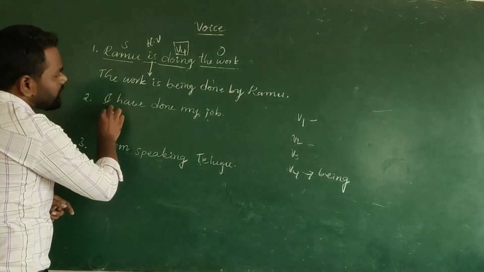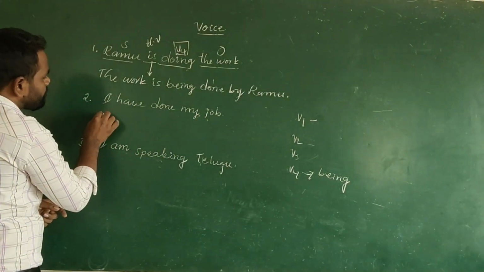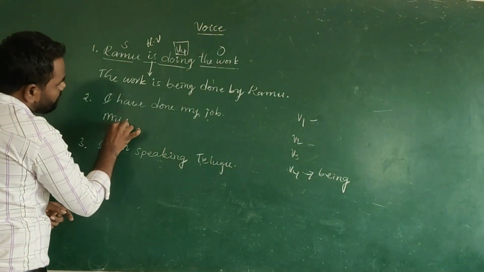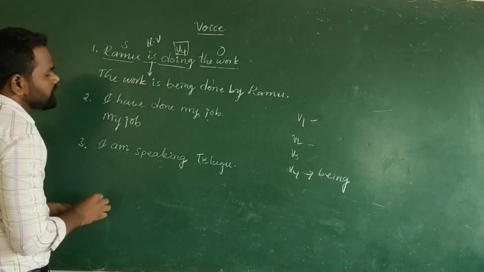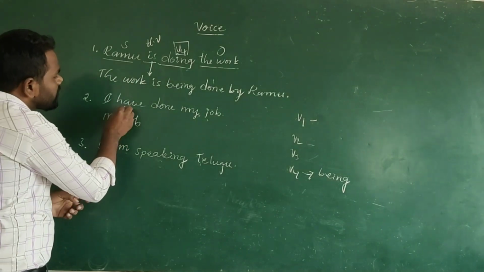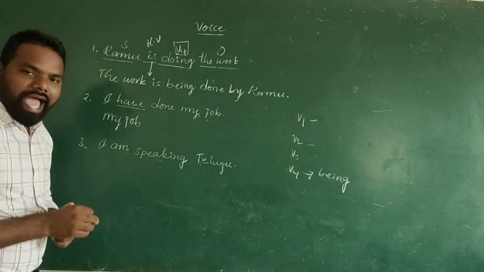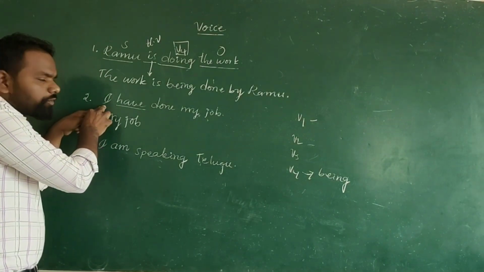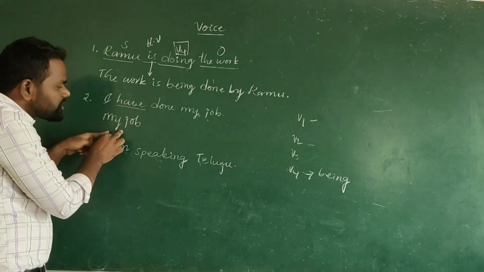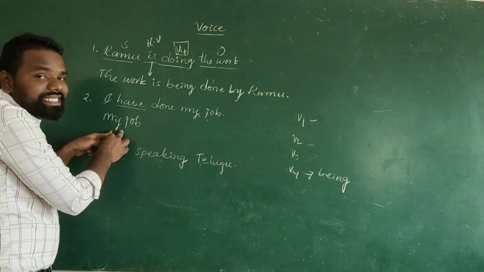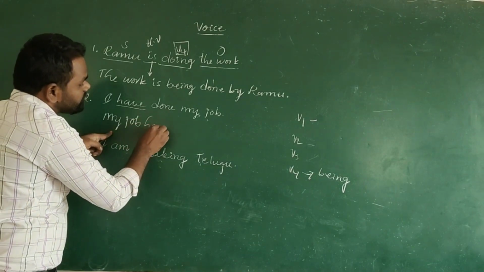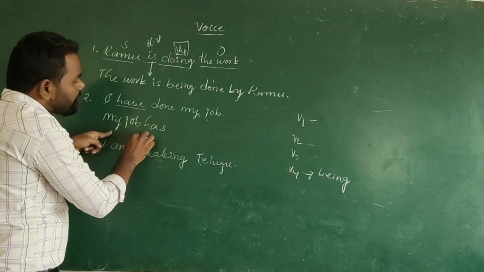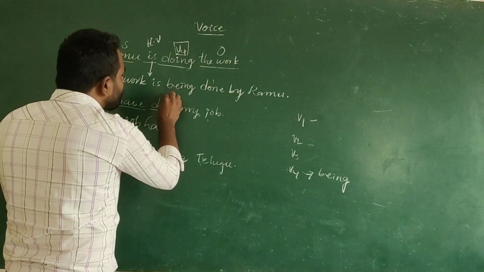And one more example. I have done my job. My job is the object. Now here we have the helping verb have. With I, it is have. But my job is singular. Therefore it takes has. And my job has done.